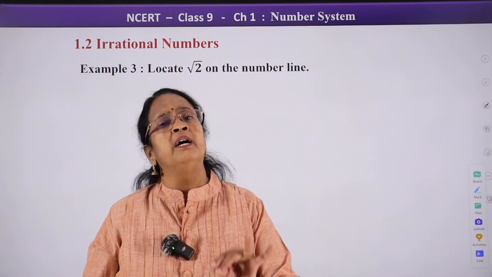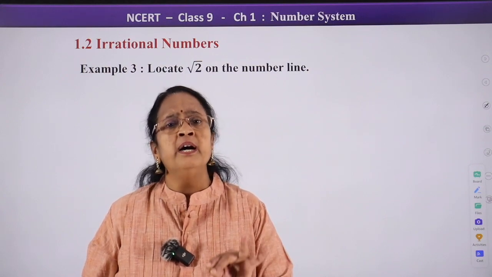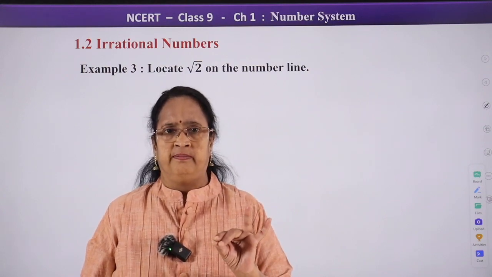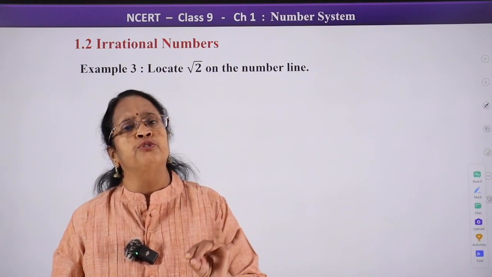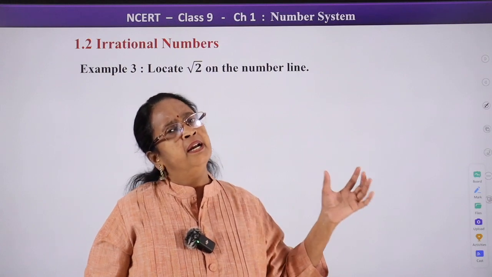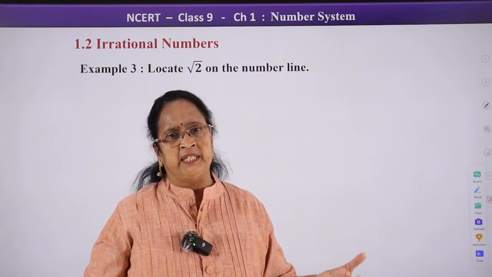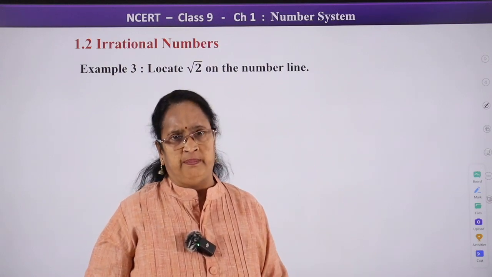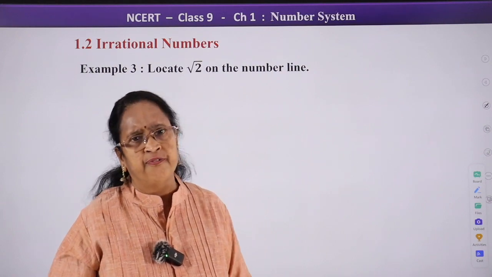Please use a compass, not a protractor, to draw the 90-degree angle. For locating on the number line, only three things are needed: pencil, compass, ruler. Of course, an eraser if needed.